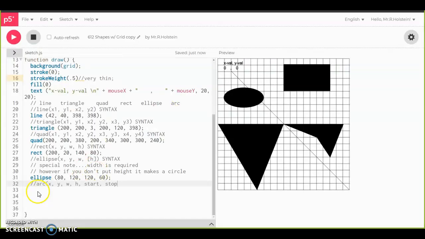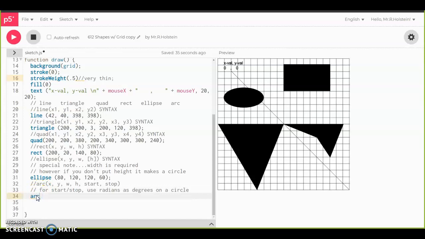So first of all, here's my, okay. I'm going to put a special note on this one. For start and stop, use radians as degrees on a circle. So check this out. Here we go.